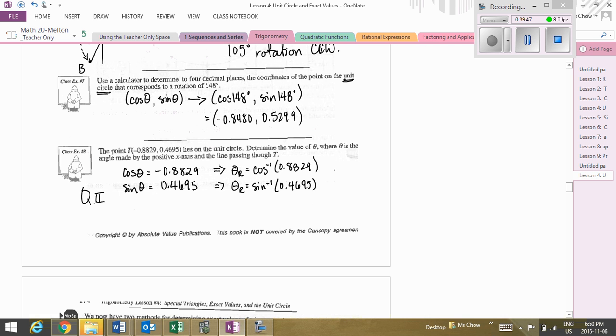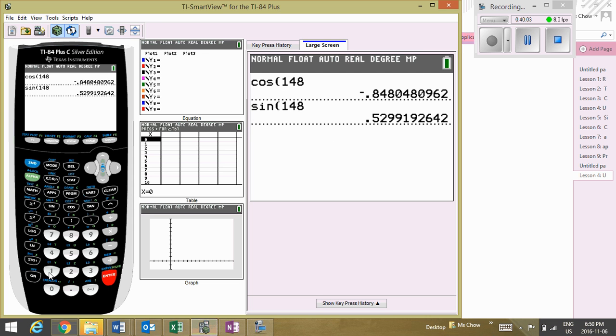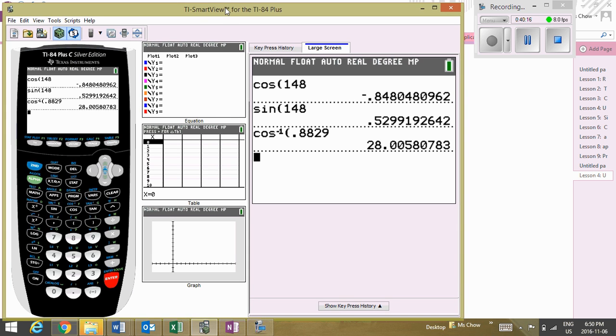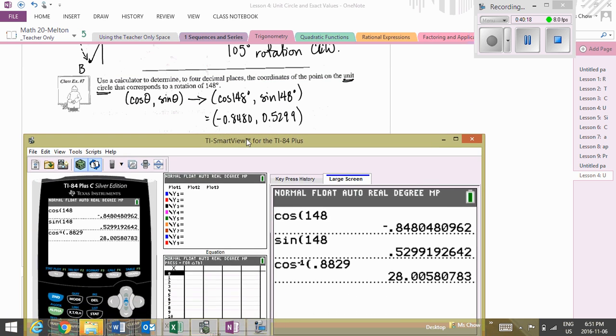Regardless, I should come up with the same reference angle, and we can put that into our calculators and figure that out. So inverse cosine of 0.8829, and that gives us a reference angle of 28 degrees.